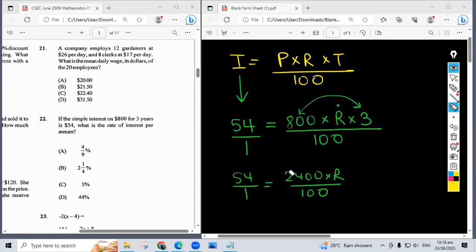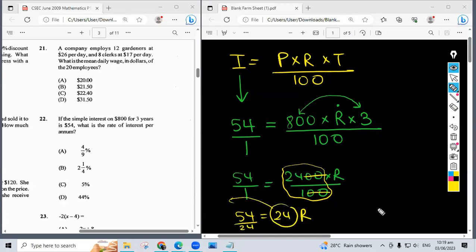Instead of cross multiplying, couldn't we just divide these two values? So this and this will cancel out, and then you get 54 is equal to 24R. So the rate is 54 divided by 24. I'm getting 2.25, or 2.25%.